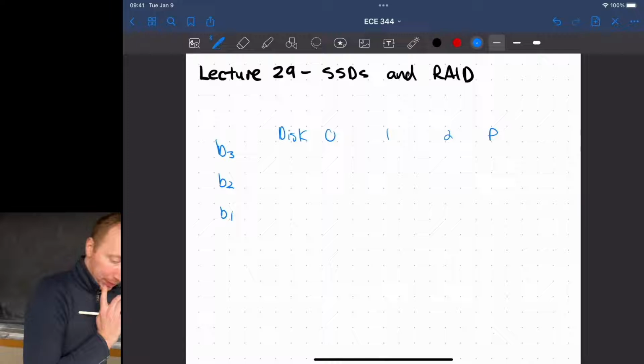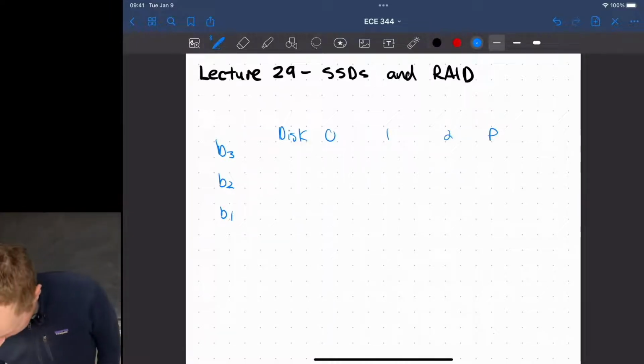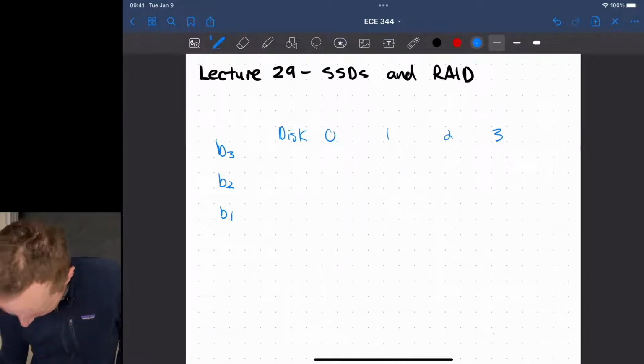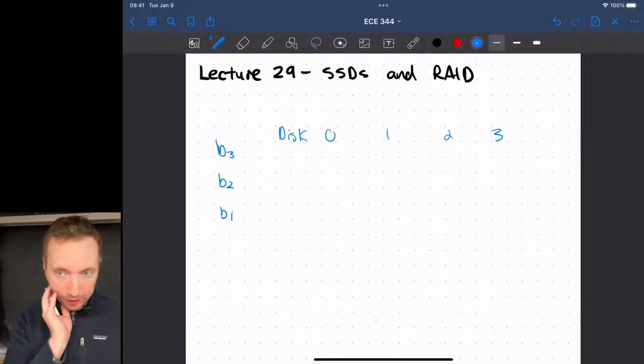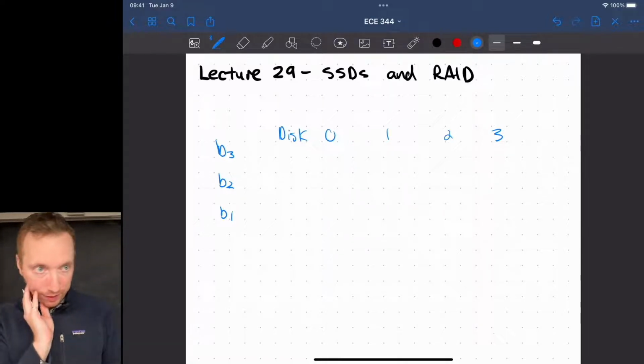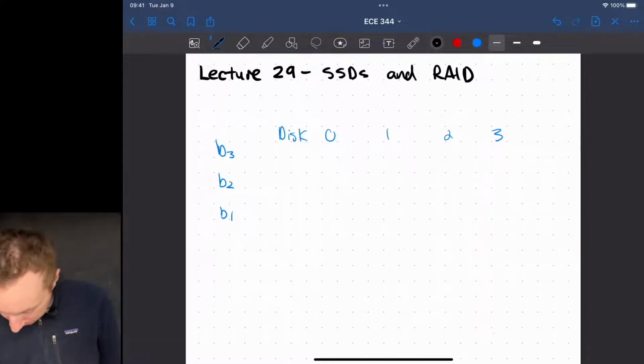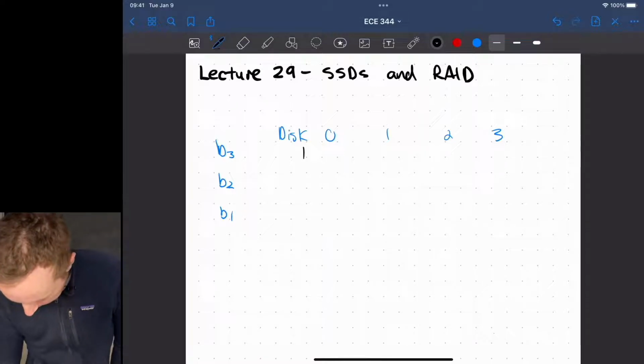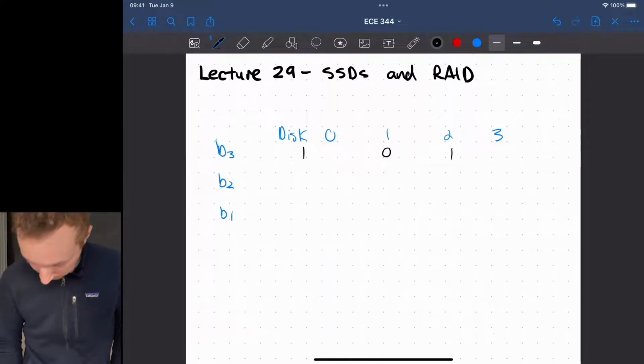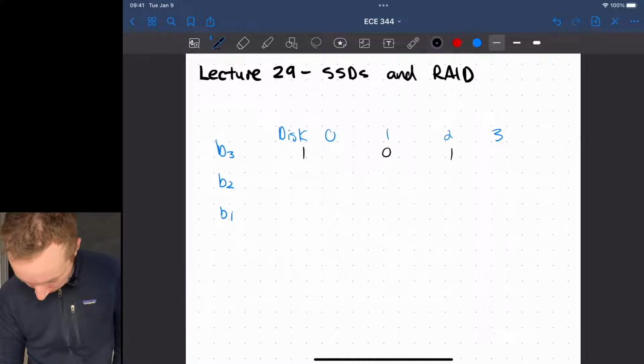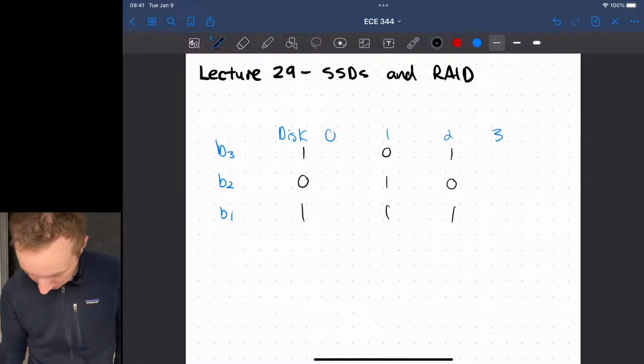Disk 3 is going to be our parity drive, and it's essentially going to be an XOR of everything. So let's say across these disks, we're storing 1, 0, 1, then 0, 1, 0, then 1, 1, 1.